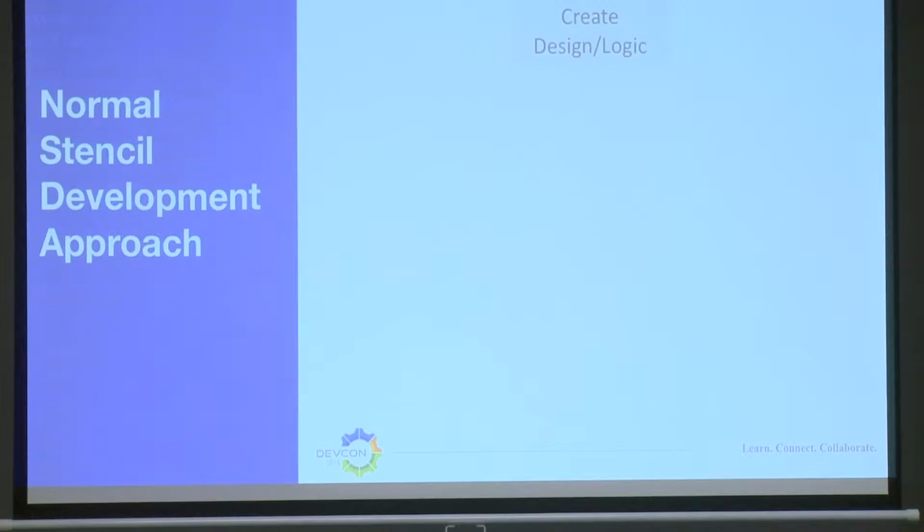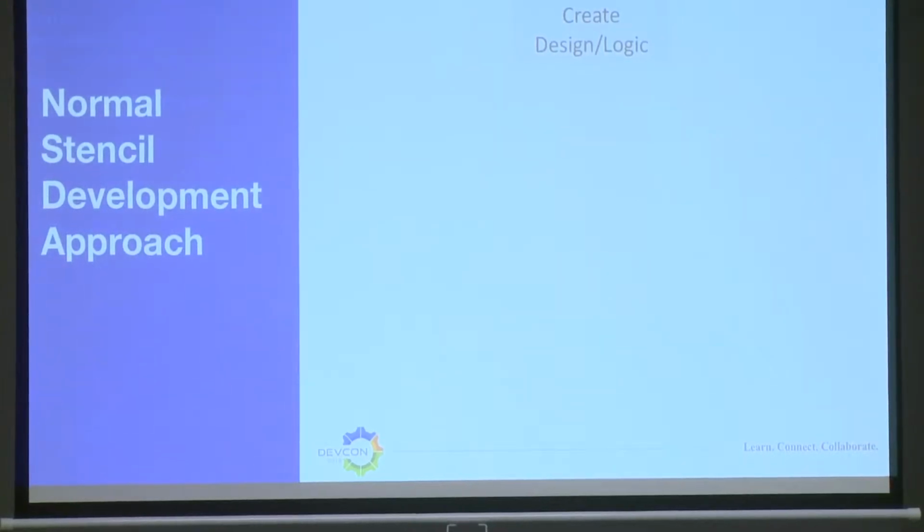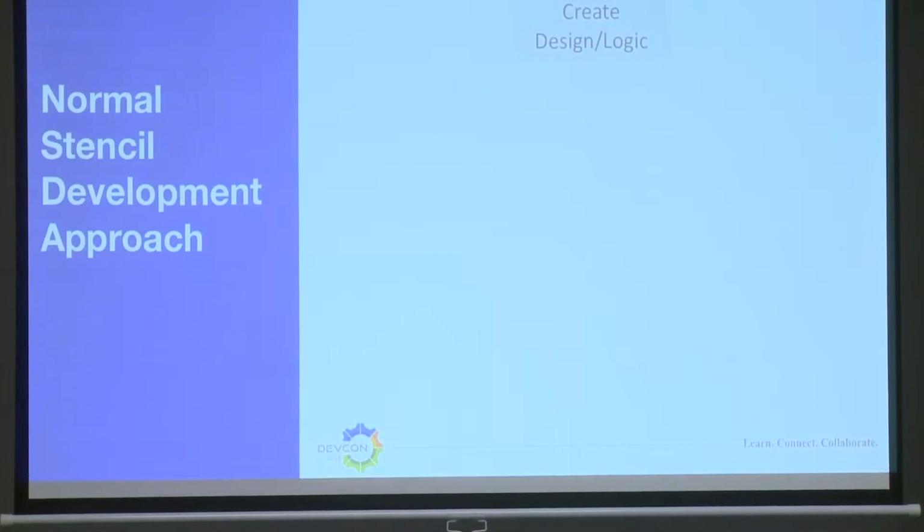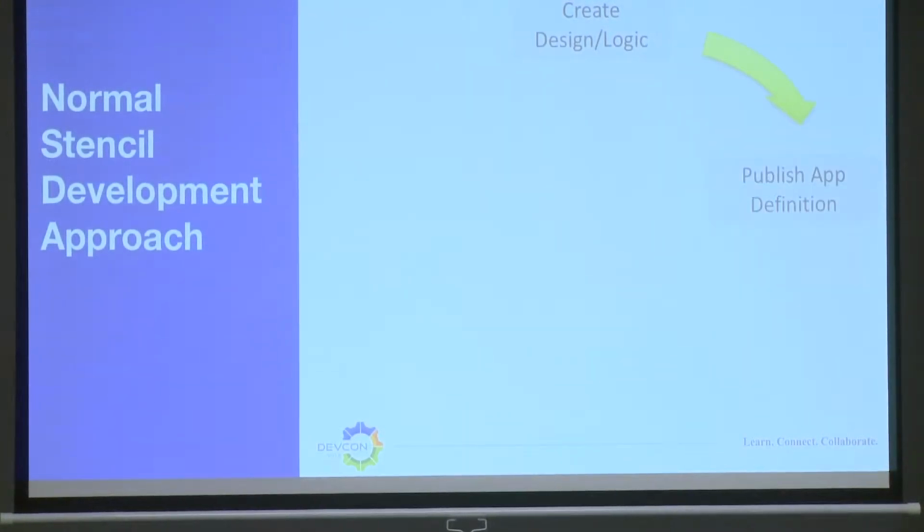In order to do that, of course, you first need to create an app definition, you need to create a process definition and a user task, you need to add this form field to the user task, and you need to publish the app definition as the next step.